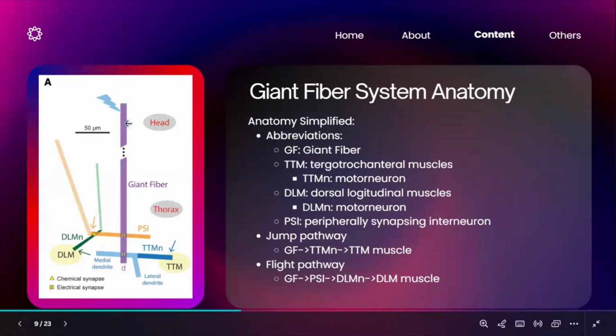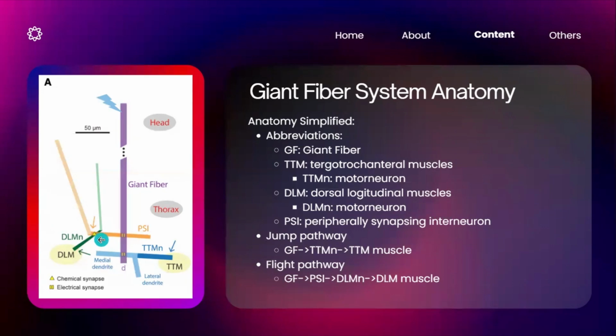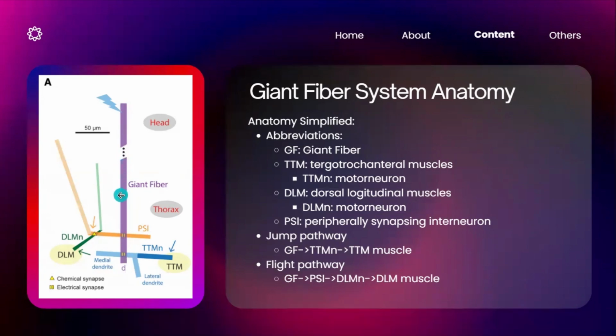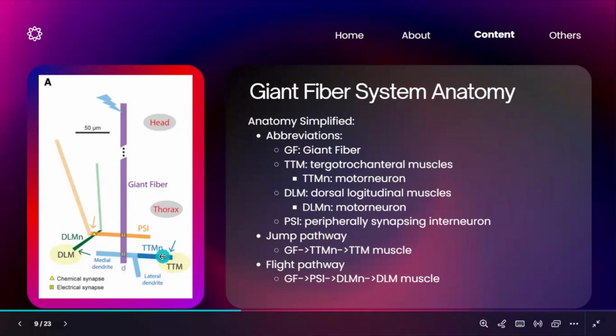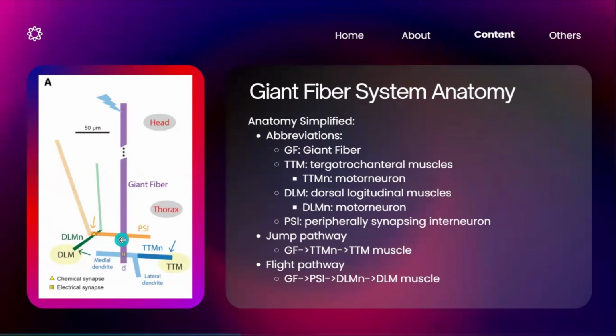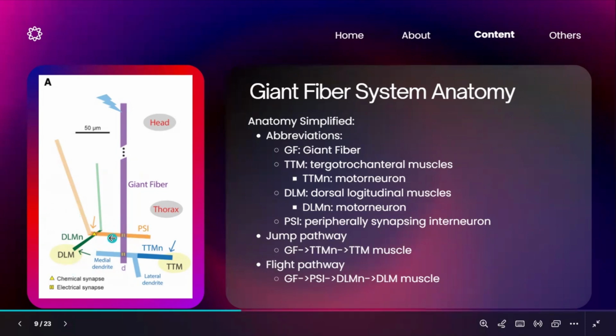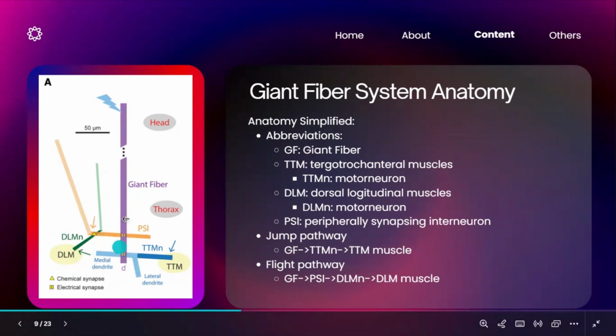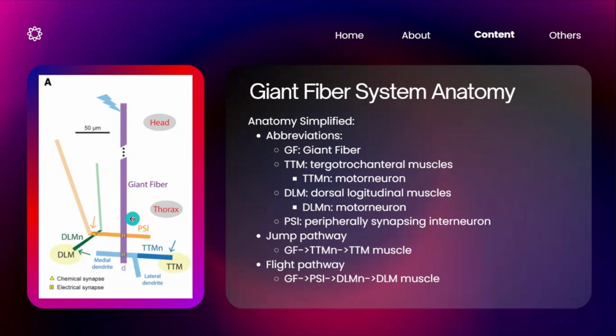And then we have these different muscles and these different pathways corresponding to those muscles. So for the jump pathway, we're going down the GF to the TTMN to the TTM. And for the flight, we are going from the giant fiber to PSI to DLMN to DLM. And with these, we have different synapses as well, either electrical or chemical.